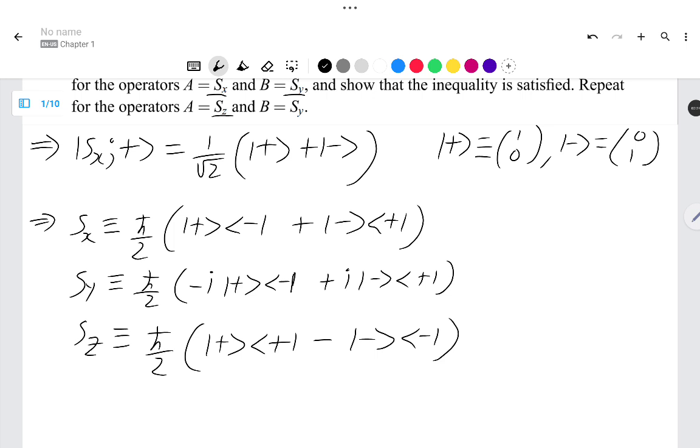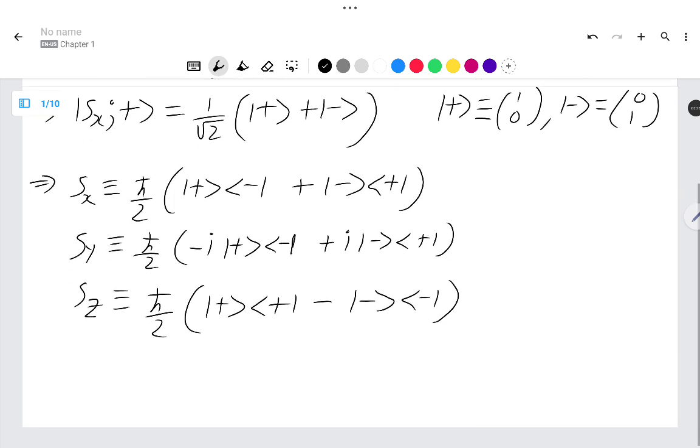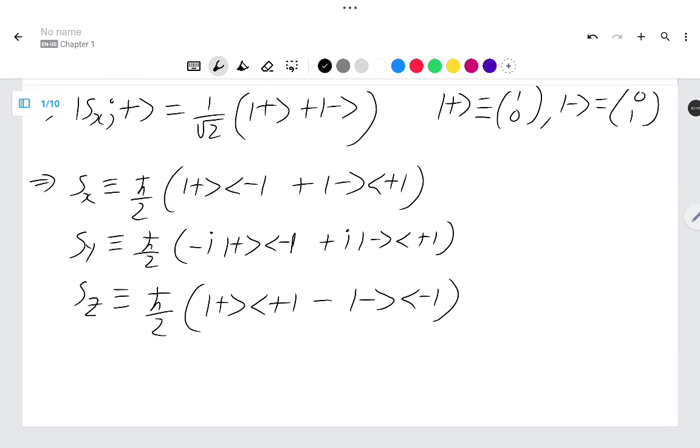So it can be easily checked that if I do the square of this spin x operator, what I actually get is these terms multiplied with themselves.